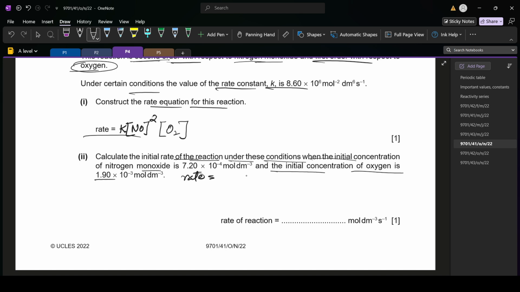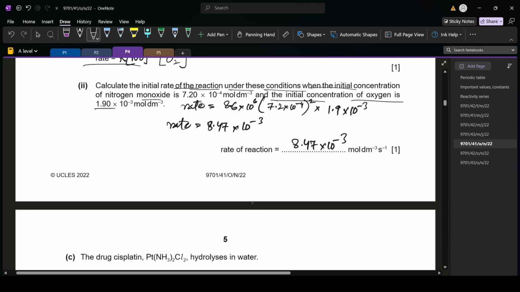So rate equals k, which is 8.6 × 10^6, multiplied by the concentration of nitrogen monoxide, 7.2 × 10^-4, squared, multiplied by oxygen, 1.9 × 10^-3. So the rate is going to be 8.47 × 10^-3.